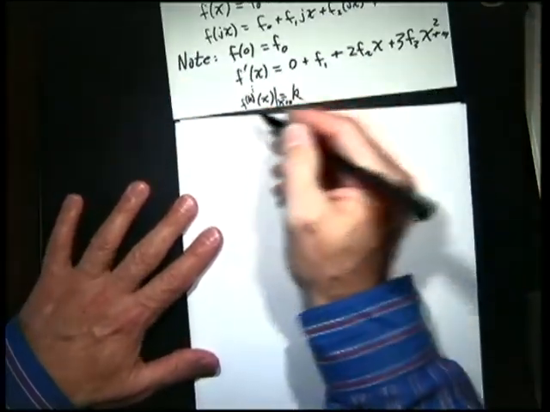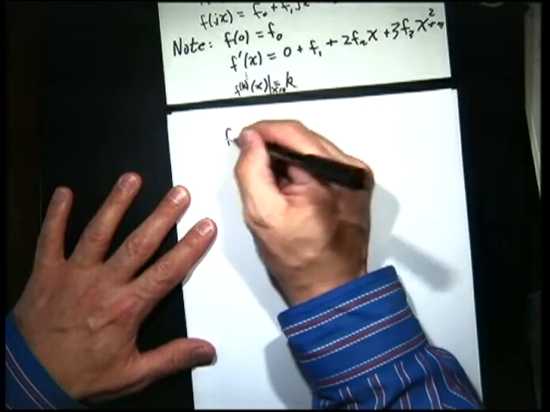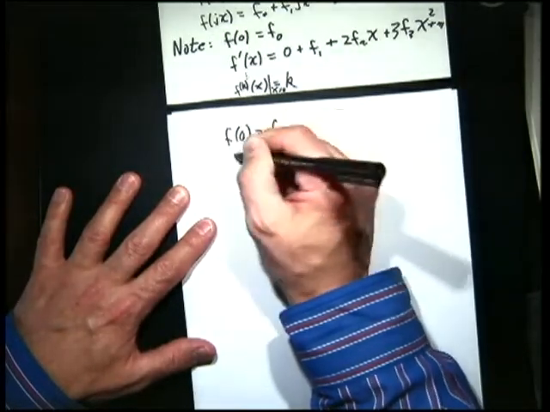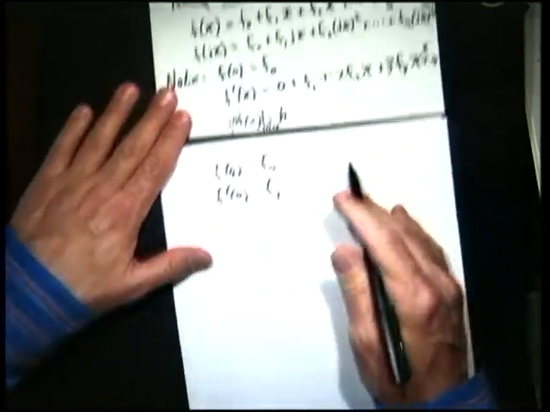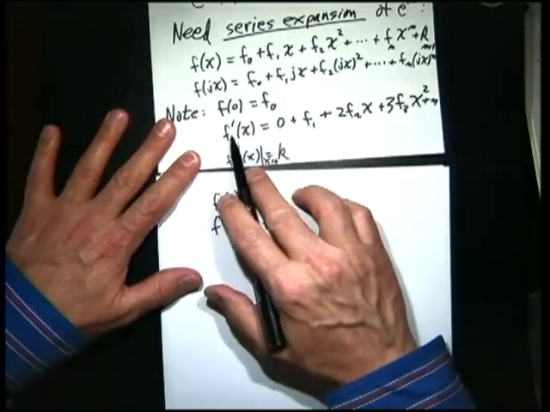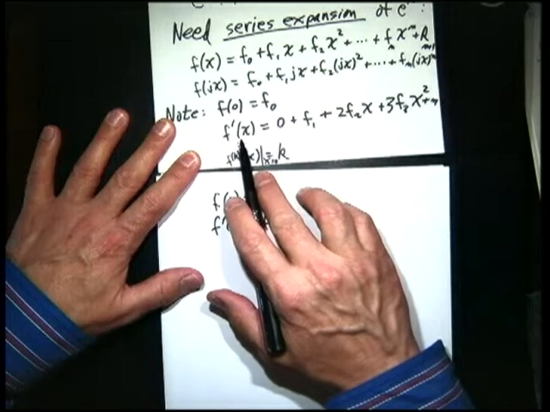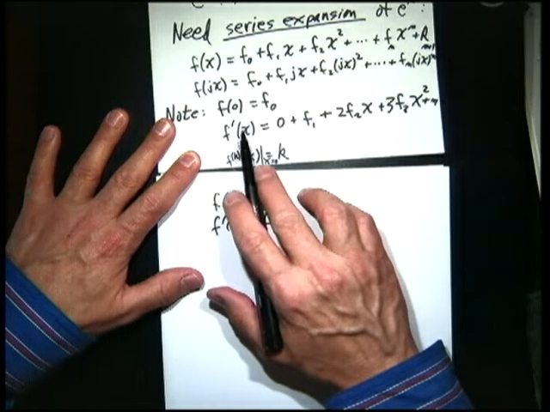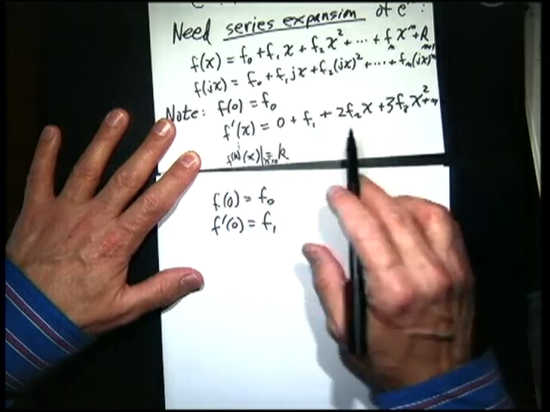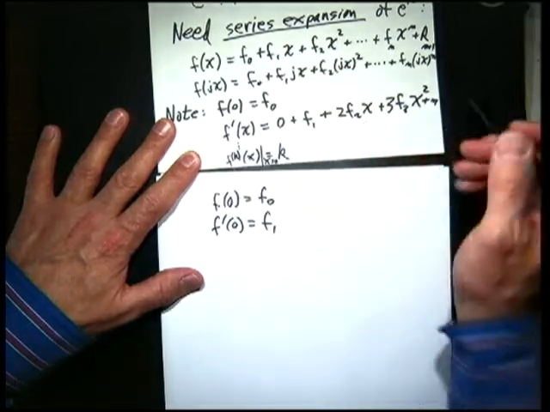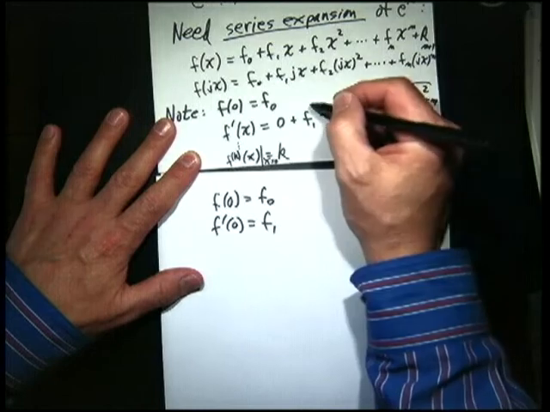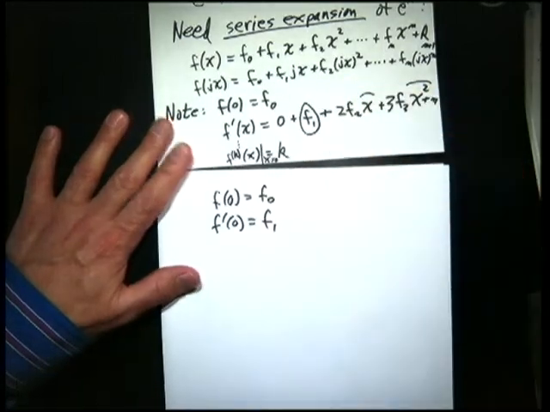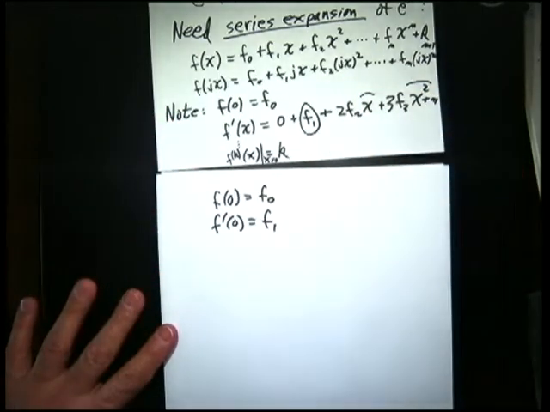All right, so let me start this over and say f of 0 equals f0, f prime of 0 equals f1. You can see that up here: I took the first derivative of the polynomial, and then I set its argument to 0, and that will annihilate all terms that have x in them. And so it'll leave me with f1. So f prime of 0 is f1.